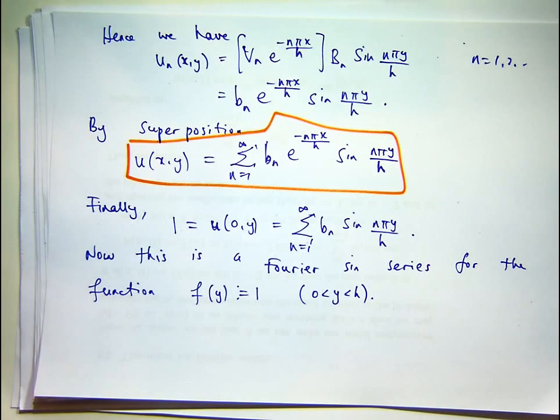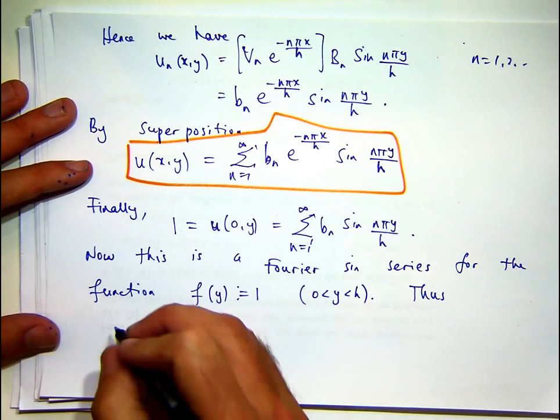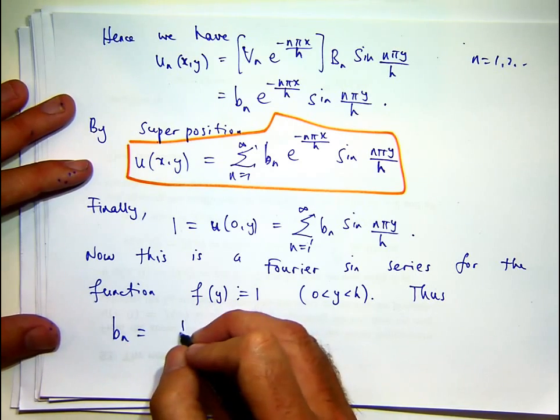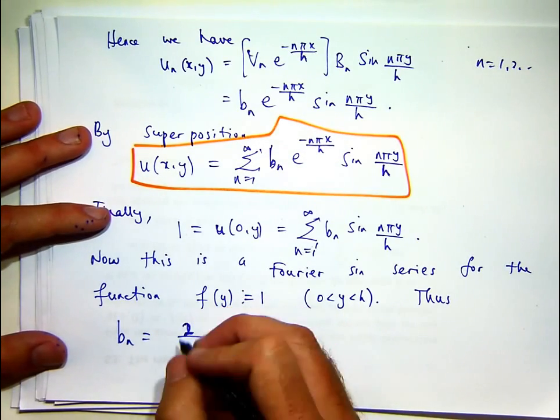So the Fourier sine series for a function has its coefficients given by an integral formula. It's 2 times the following.